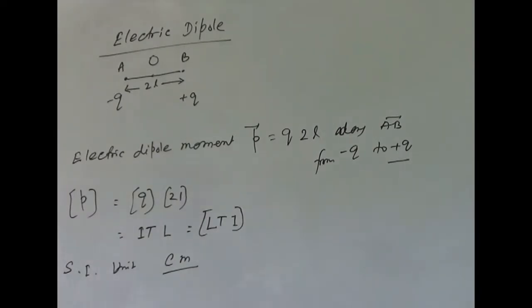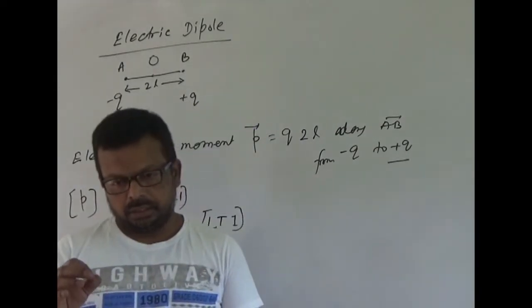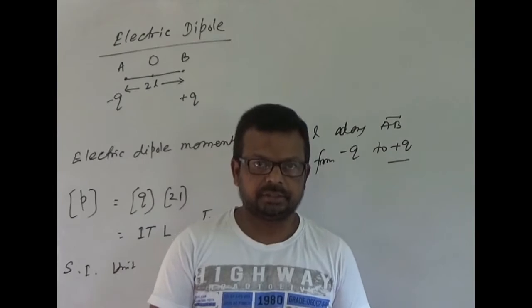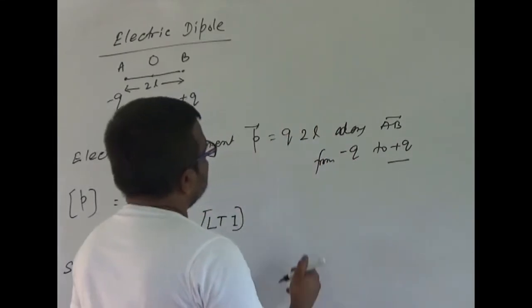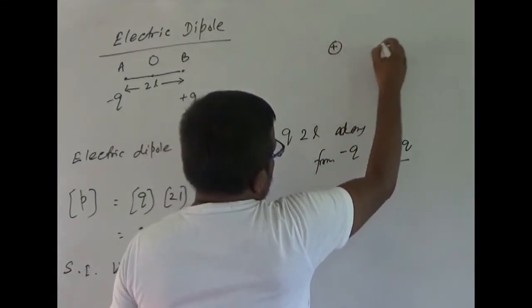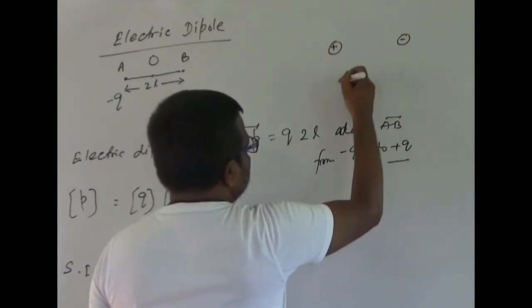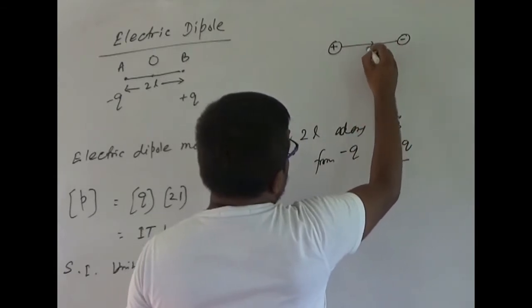In the previous class we have drawn the electric field lines due to equal and opposite charges separated by a distance. This is the plus charge, this is the minus charge. Then the electric field lines will be like this.